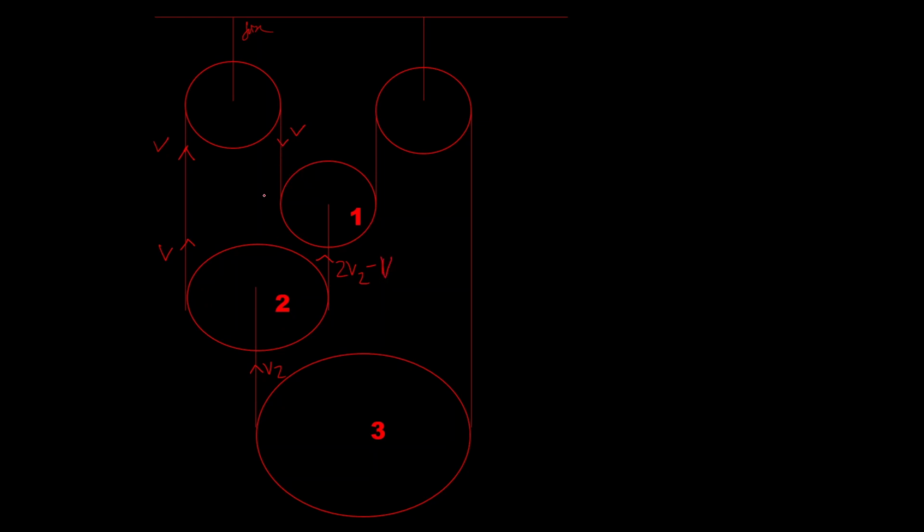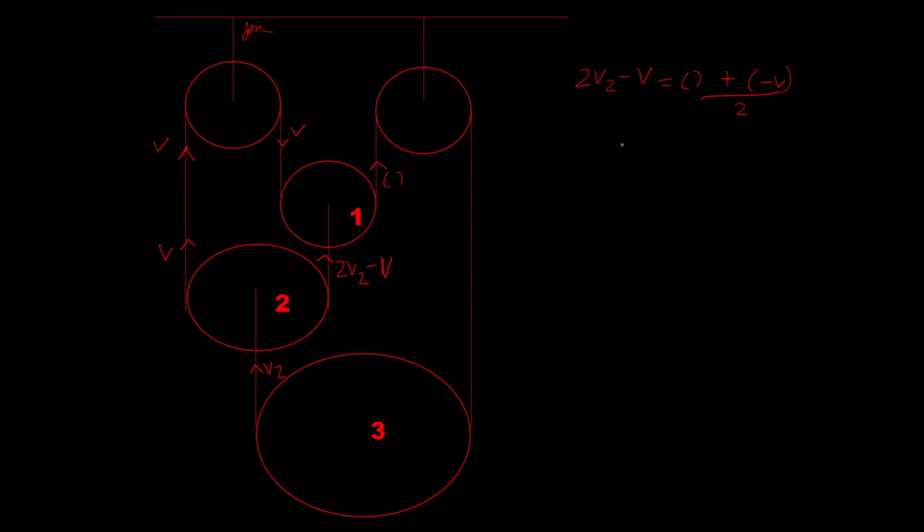And now I'm going to use the third formula on pulley 1 once again to find this part. So what I can say is 2V2 minus V is equal to, let's say the velocity is this, this plus, since this is going in a downward direction, I'm going to take this to be minus V, upon 2, right?